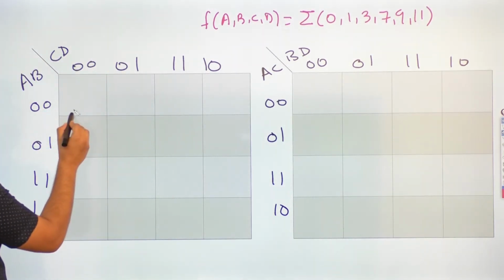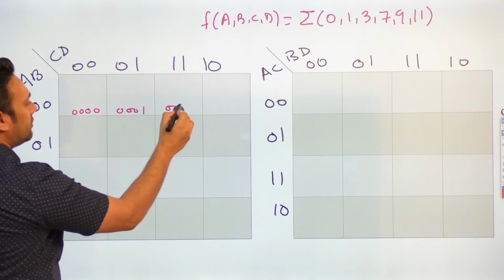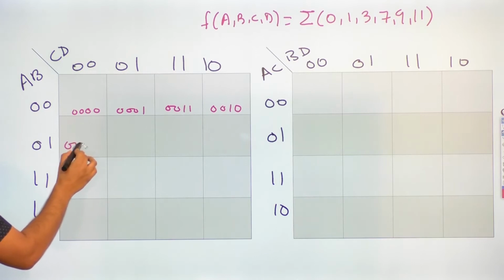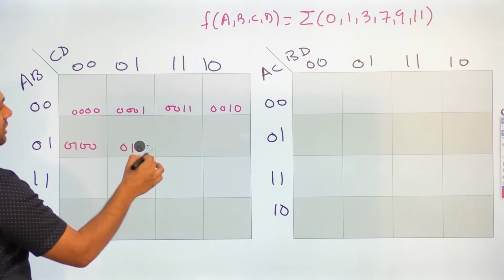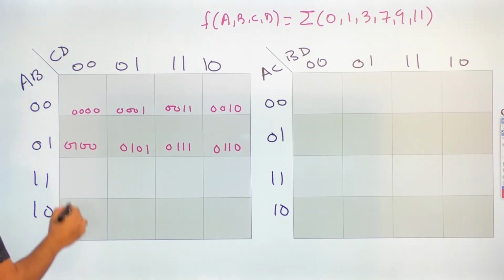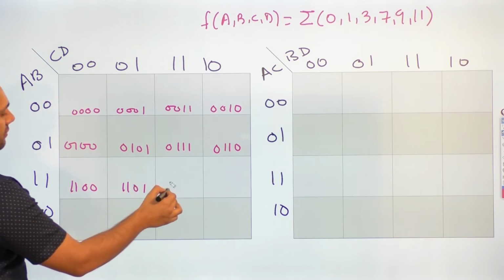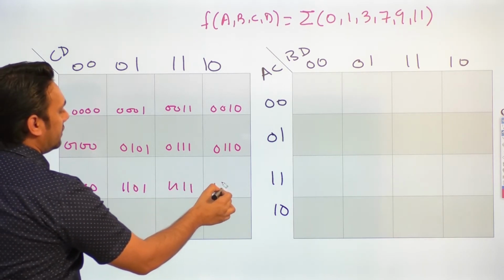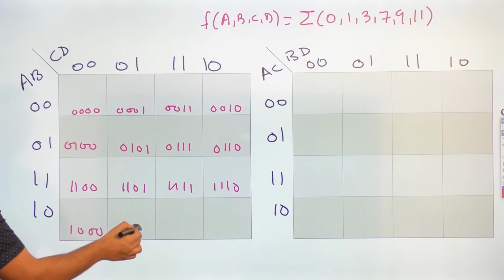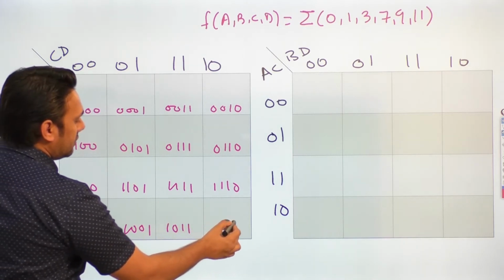So this is representing all zeros. This is 0 0 0 1. This is 0 0 1 1, 0 0 1 0. This one is 0 1 0 0, 0 1 0 1, 0 1 1 1, 0 1 1 0, and so on through the rows 1 1 0 0, 1 1 0 1, 1 1 1 1, 1 1 1 0, and 1 0 0 0, 1 0 0 1, 1 0 1 1, 1 0 1 0.